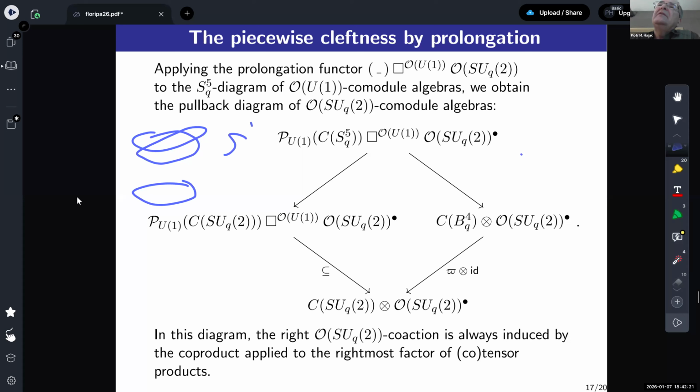So this is S1 over RP1. It's a non-trivial Z2 principal bundle, right? But now imagine that I view Z2 as a subgroup of U1, and I do the prolongation trick. The prolongation means that I replace my Z2 fiber by the circle. When I replace this Z2 fiber by the circle, I get the 2-torus. But that's a trivial bundle. The 2-torus is a U1 trivial bundle over the circle. So prolongation typically trivializes bundles.